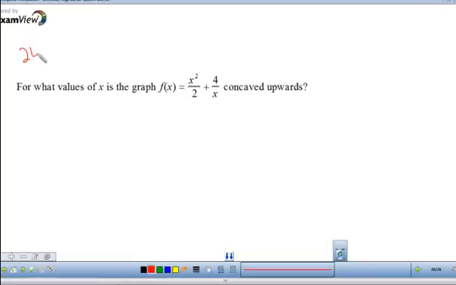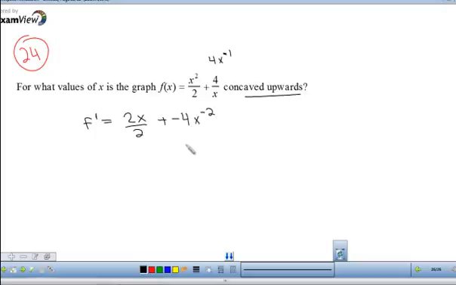Okay, for 24, it says, for what values of x is the graph concave upwards? So to find whether it's concave up, I have to find the second derivative. So my first derivative would be 2x over 2. 2 is a coefficient, so I can just leave it, bring it down. Plus, I'm going to rewrite this as 4x to the negative 1. That's going to be negative 4x to the negative 2.